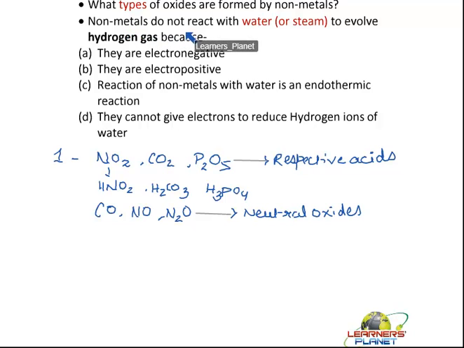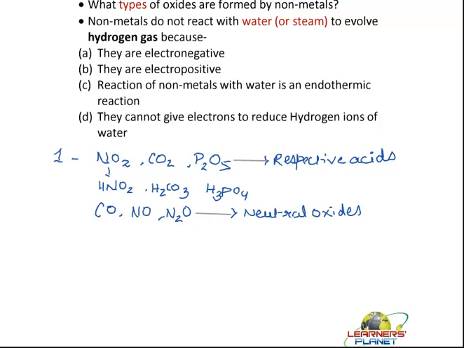Non-metals do not react with water or steam to evolve hydrogen gas, because why? Students, I would like to give you advice: while solving multiple choice questions, before reading the options, first recall the concept.